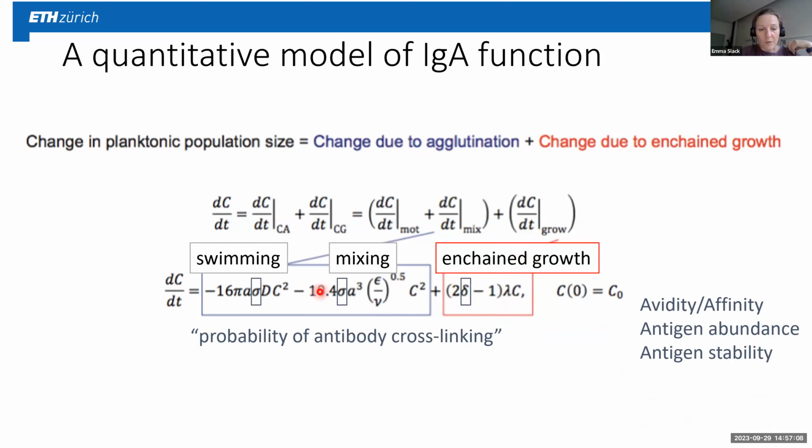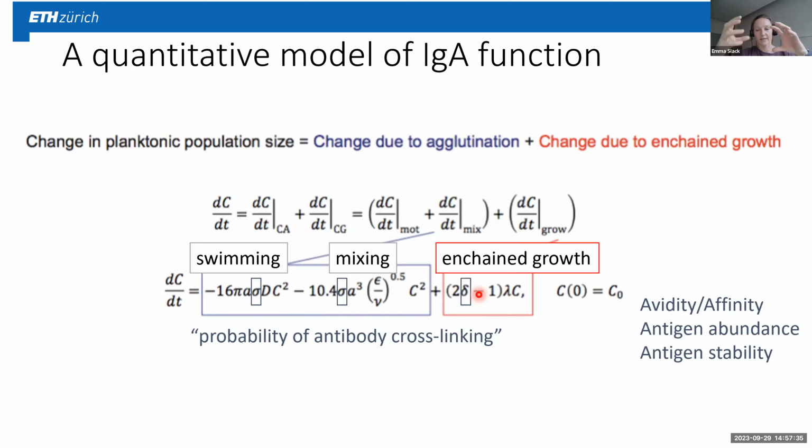And then obviously the important values here are given as sigma or delta. Actually, delta is sigma minus 1. And this is just the probability of antibody cross-linking, or the inverse of the probability of antibody cross-linking. And this is related not just to properties of the antibody, but also to the abundance of the antigen that the antibody is targeting, how stable that is on the bacterial membrane, can it be pulled off the bacterial membrane, right?